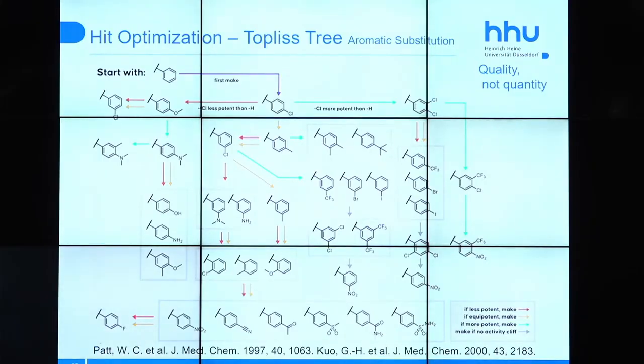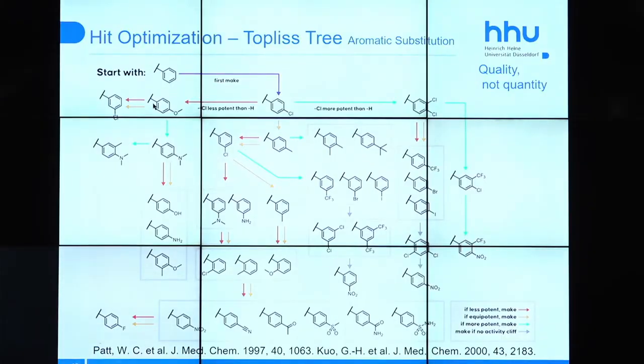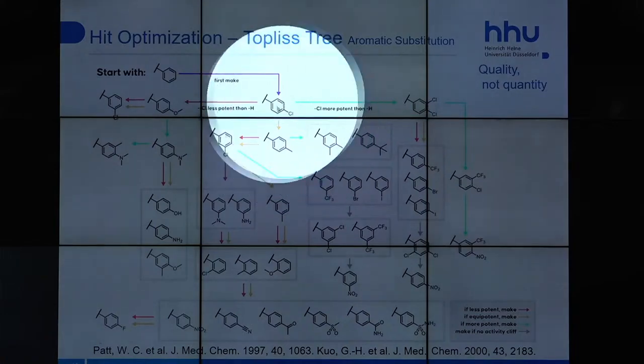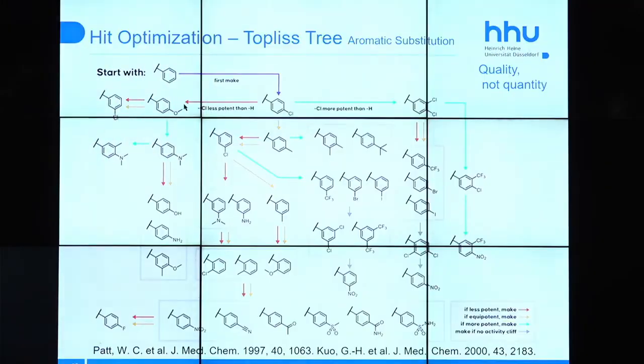some optimization. So if you have your phenyl moiety in your structure, then you start, in most cases, with a chloro substitution or a methoxy or a dichloro substitution or different orientation in this way.